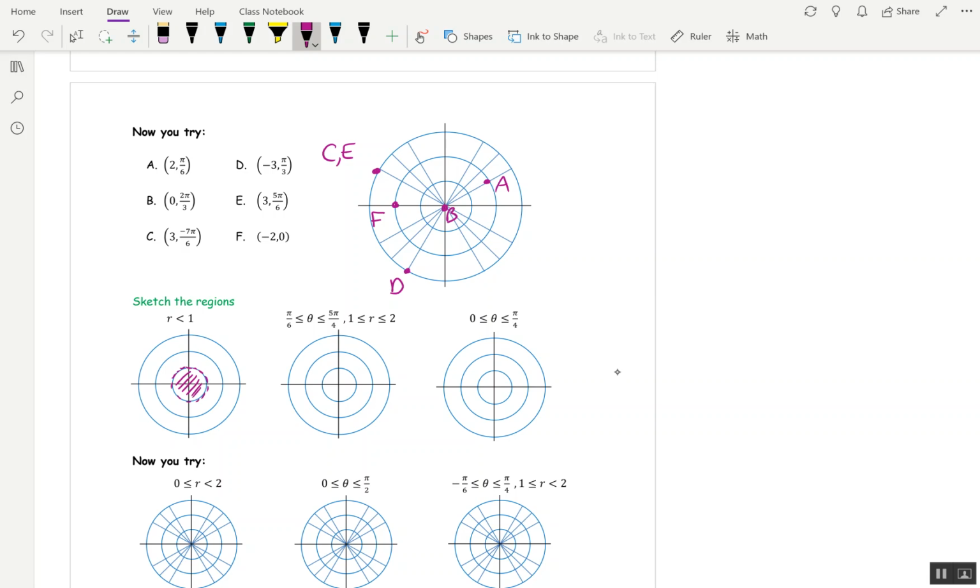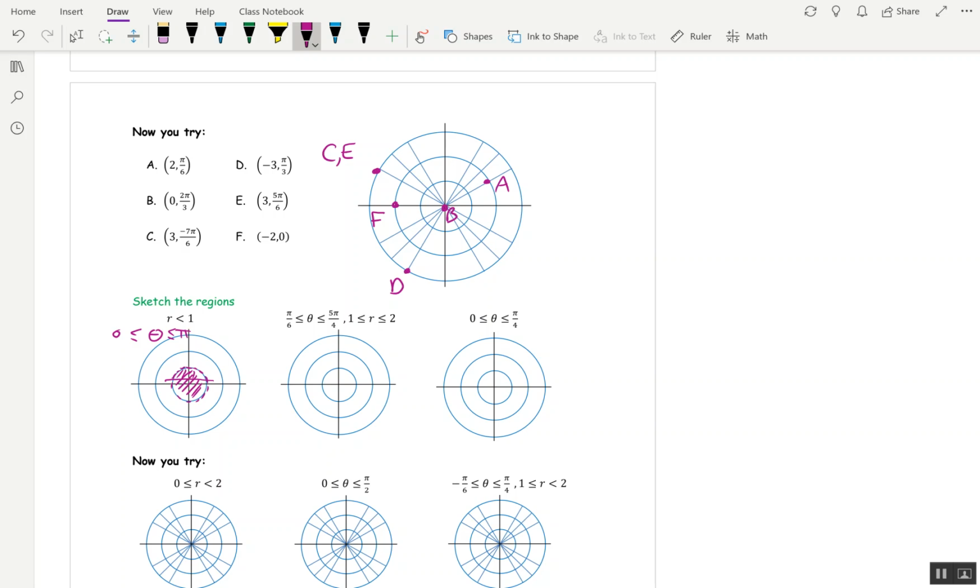If that had been r less than 1 and theta between 0 and pi, then I would have only shaded the top of the circle. But since there was no condition on theta, I want to let theta go from 0 to 2 pi.